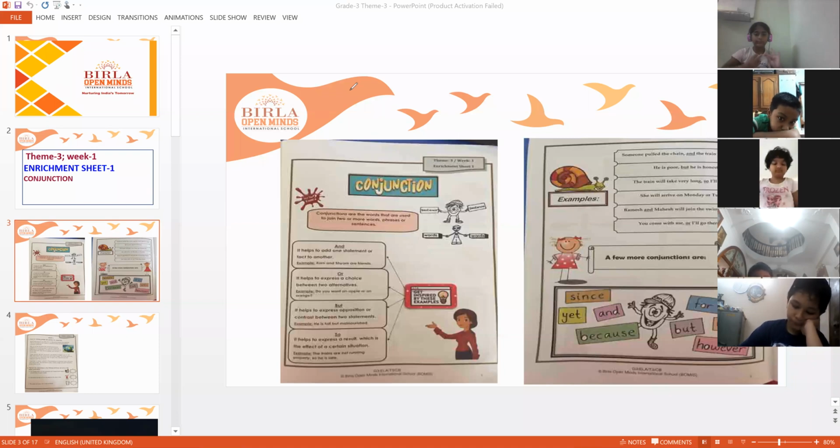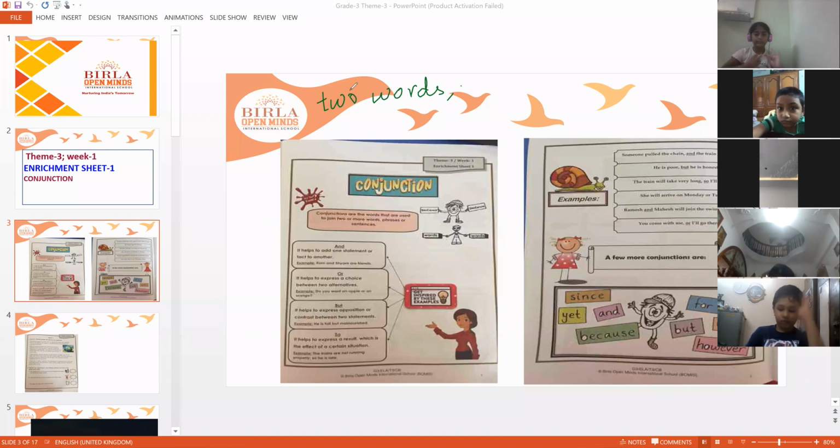Two nouns, and "and" is used to join those two words. So we can use these conjunctions to join two words. Next, phrases. Two phrases.